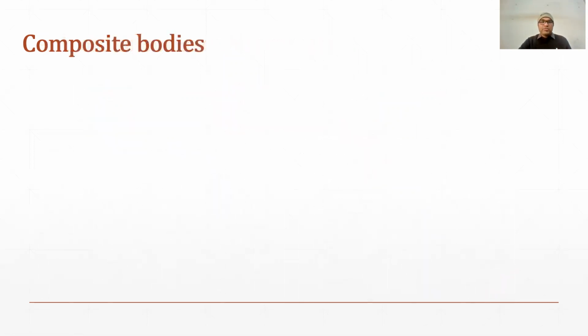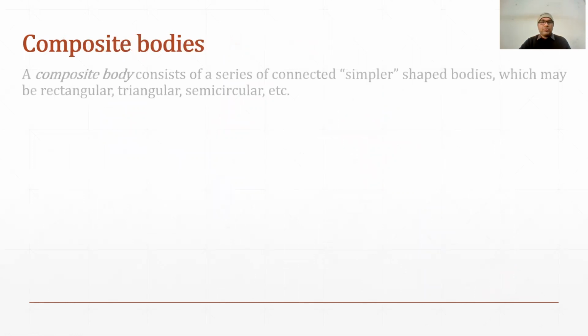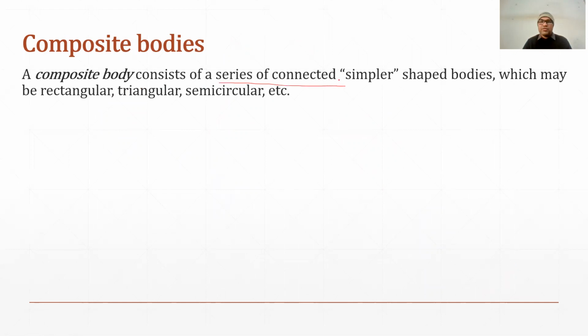So now talking about the composite body. Composite bodies are those bodies which consist of a series of connected simpler shaped bodies, which may be rectangular, triangular, semicircular.